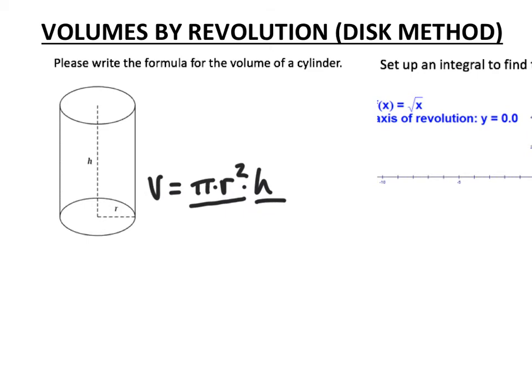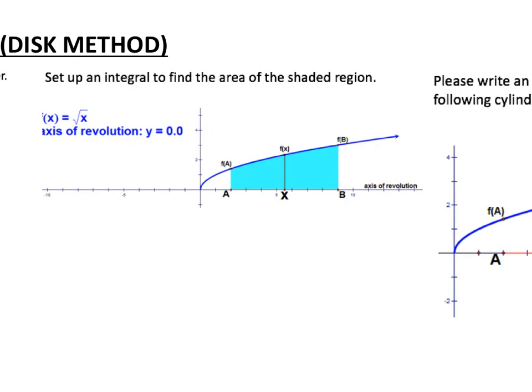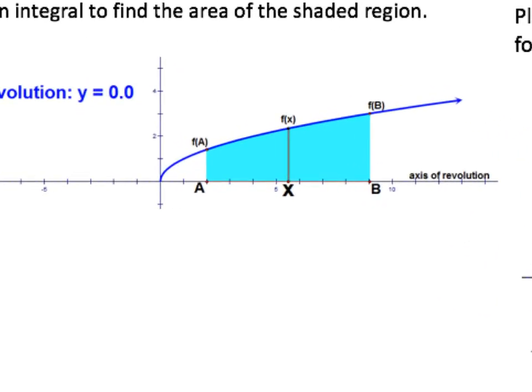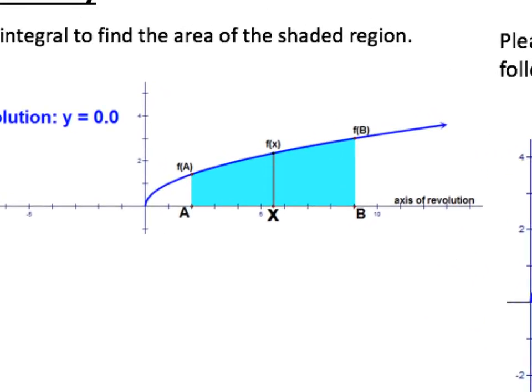And so the next thing I want to do real quick is to just set up an integral under this function. We've got the function f of x equals the square root of x, and we want to calculate the area between a and b. Now, I just want to remind you guys what exactly it is that we're doing. Remember that you are really just taking a bunch of tiny little rectangles here, where the height is f of x, and the thickness is dx, okay?